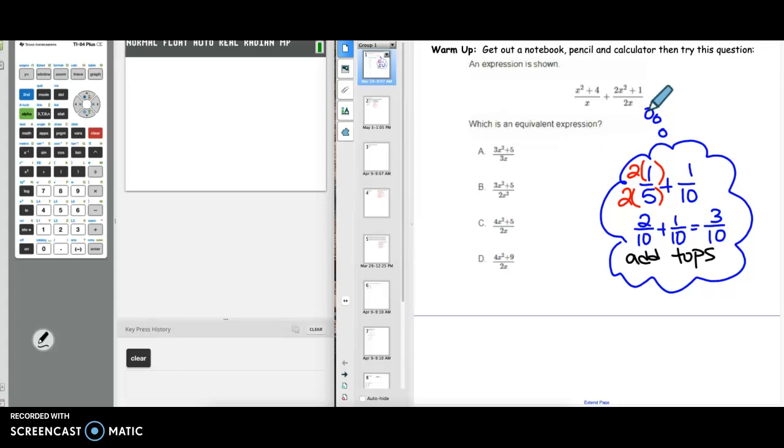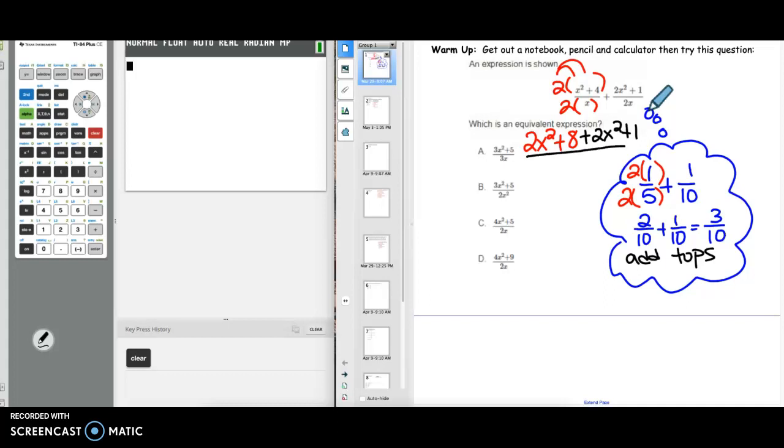So let's do the same process to this rational expression. The denominator of the first one is x and the second one is 2x. So I'm going to multiply the first one by 2 to get a common denominator. If I distribute that in, I get 2x squared plus 8. And the second fraction was 2x squared plus 1.